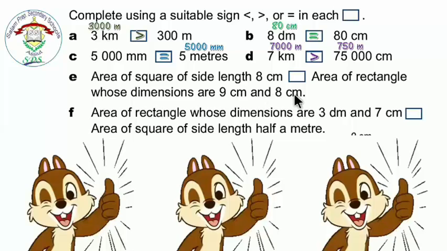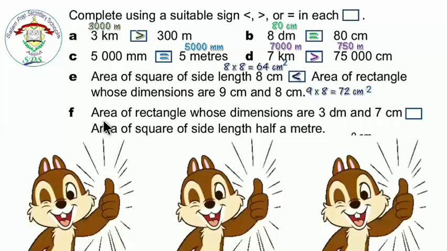We know area of rectangle equals length times width. So the area equals 9 times 8 equal 72 square centimeters. 64 square centimeters is smaller than 72 square centimeters.